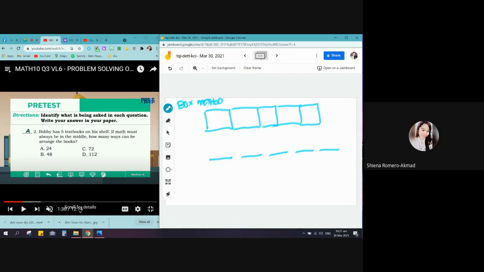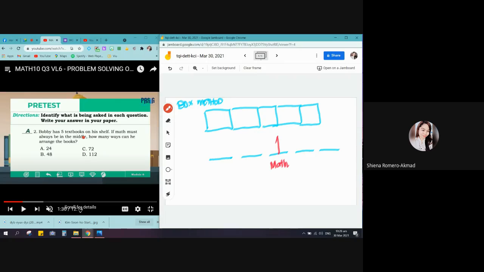Okay. Now, para saan to? We can use these by placing items for each position. So dahil si math book ay nasa gitna lagi, let us say na isa lang yung math book. Ibig sabihin, magpe-place tayo ng isa sa gitna. Isa lang yung choices natin dyan, which is the math book.